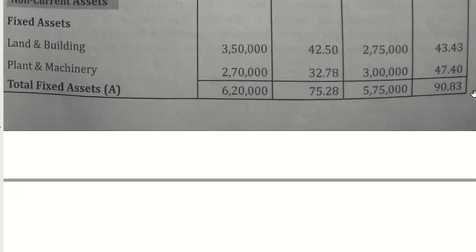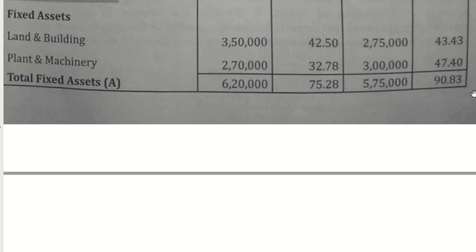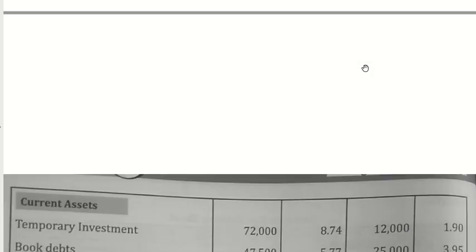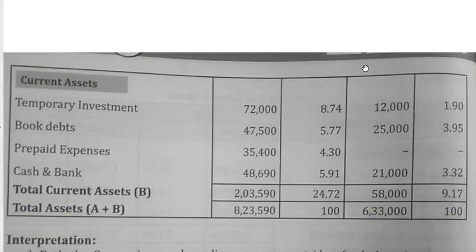Now moving on to your asset side, it is the same amount in your total. So 2,75,000 divided by the total of your asset side, 6,33,000, into 100, which is 43.43%. 3 lakh divided by 6 lakh 33,000, you get the percentage. Temporary investment 12,000 divided by the total, 6,33,000, you get 1.90. 25,000 divided by 6,33,000, you get 3.95.